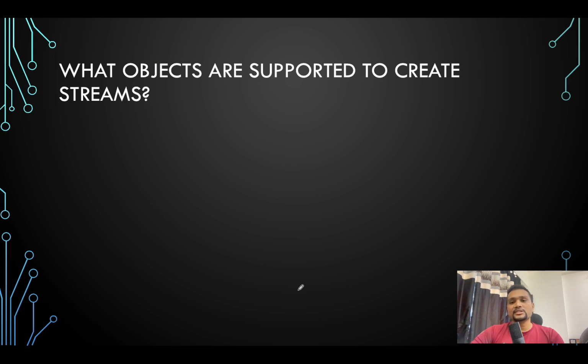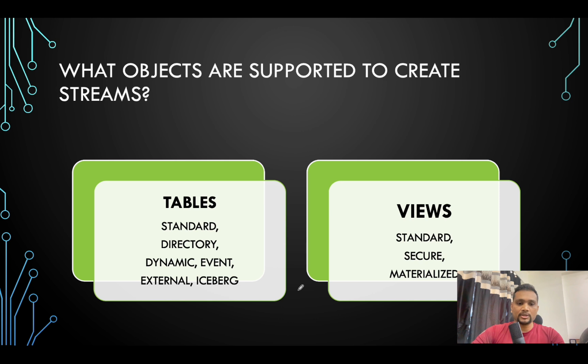So what objects are supported for creating streams? As you looked at it, tables and views. What tables are supported? First is standard tables, which means whenever you just create a table with whatever name you give, including transient, temporary, and the main table. What is a directory table? It's nothing but a stage.